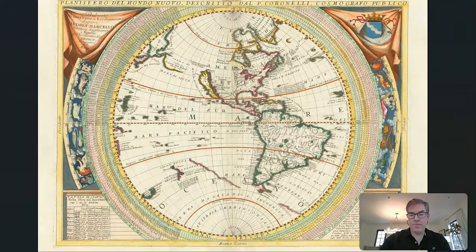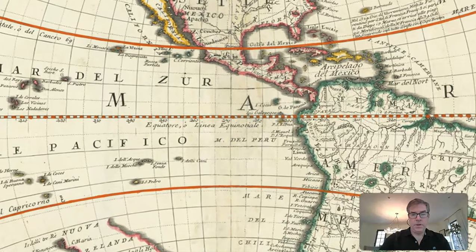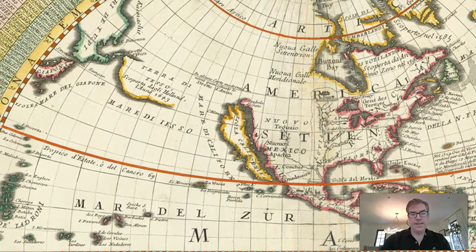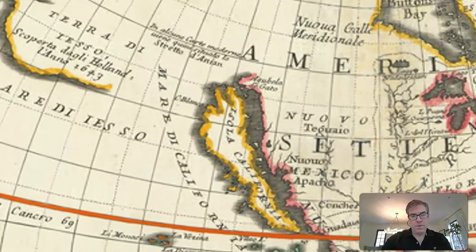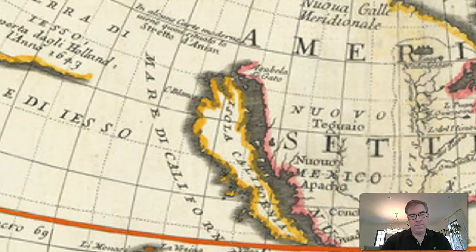Here's another map, again showing California as an island, and you can see Terra de Iesso, land of Jesus. This says was discovered in 1643, but you can see the Strait of Anian right there.